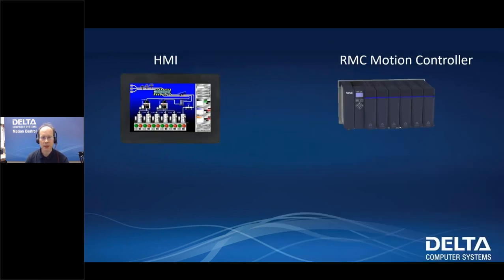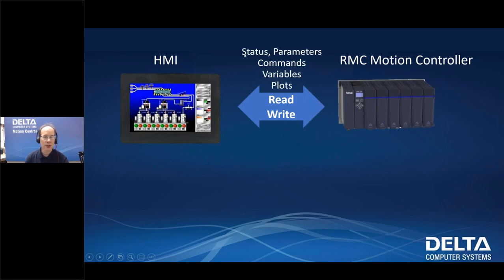So when we talk about communication between an HMI and the RMC motion controller, it's all about reading and writing data back and forth. And typically we're interested in status of the RMC, seeing where it is, what it's doing, if there's any errors or halts. Parameters, maybe adjusting parameters on the axes, such as setting the offset if you need to calibrate your axis.